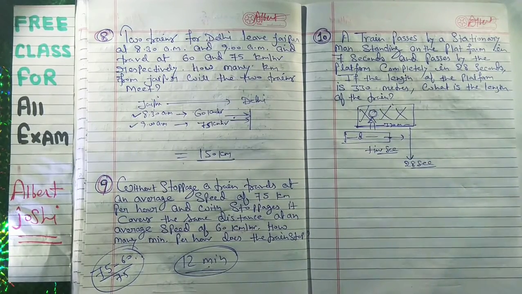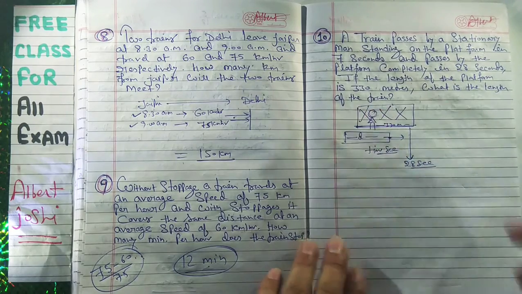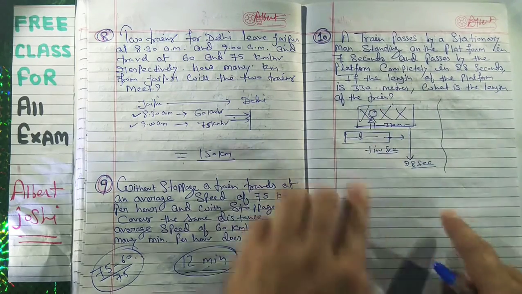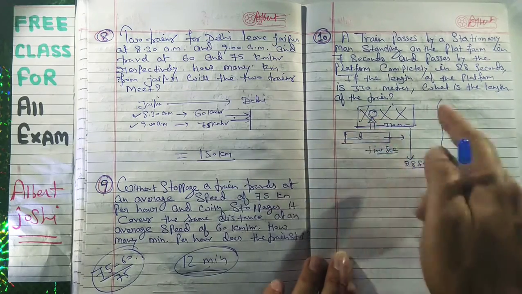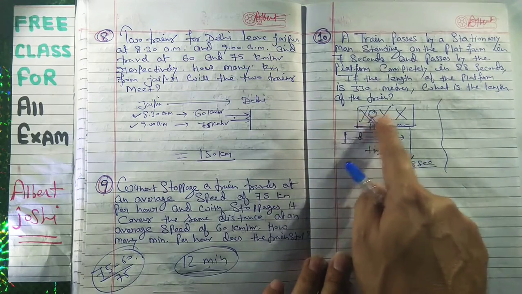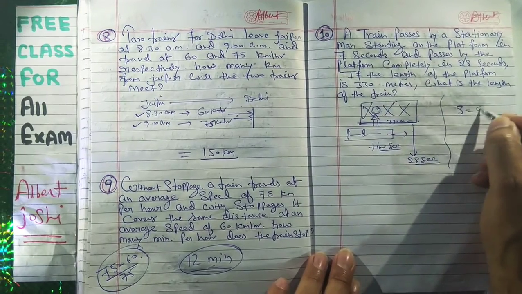So suppose there is no platform at first. There are two equations. Suppose there is a man and the train is passing this stationary man. This person is not moving. In this condition, speed is equal to distance upon time.